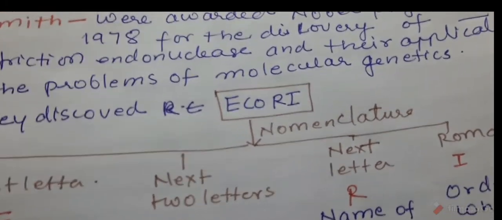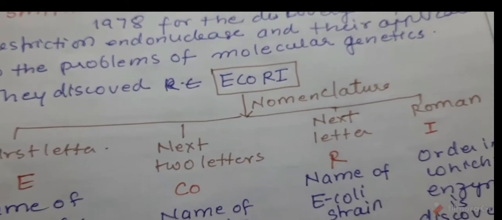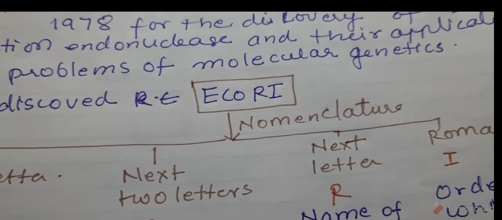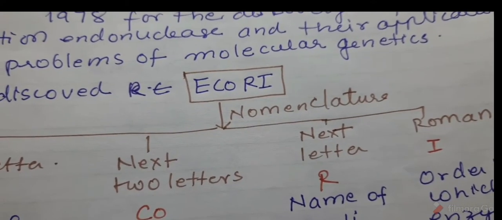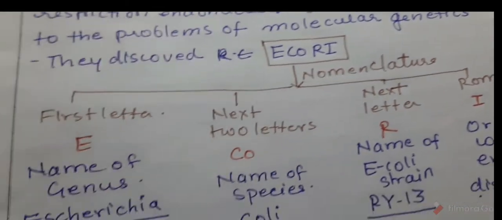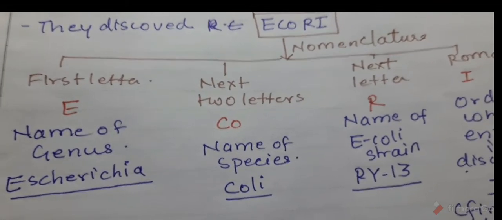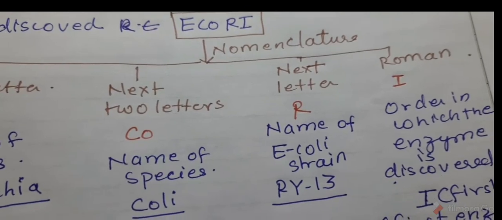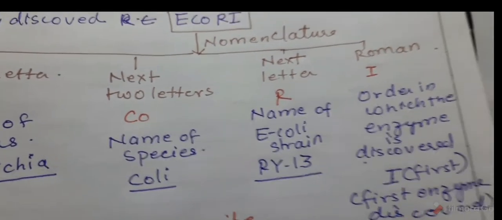Now let's see how these are named, or how the nomenclature is done. EcoRI is the restriction endonuclease enzyme that is isolated from E. coli. The first letter, E, is the name of the genus, so Escherichia is the genus. The next two letters, co, come from the name of the species, coli.